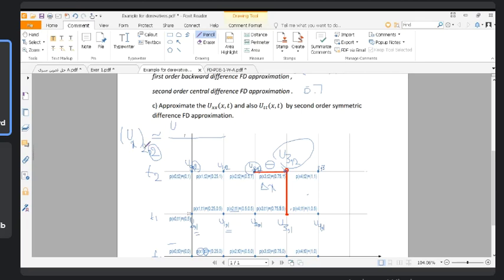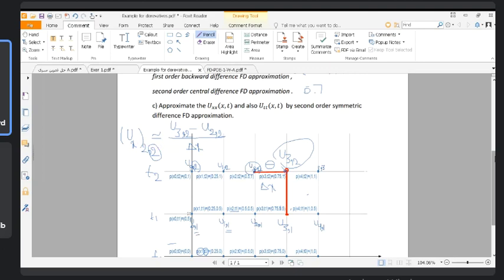U at 3 and 2 minus U at 2 and 2 over delta X, not delta T, because we are going to compute the derivative of U with respect to X, not T. Then we should use delta X. When we compute with respect to X, the index of T is constant, and when we compute with respect to T, the index of X is constant.